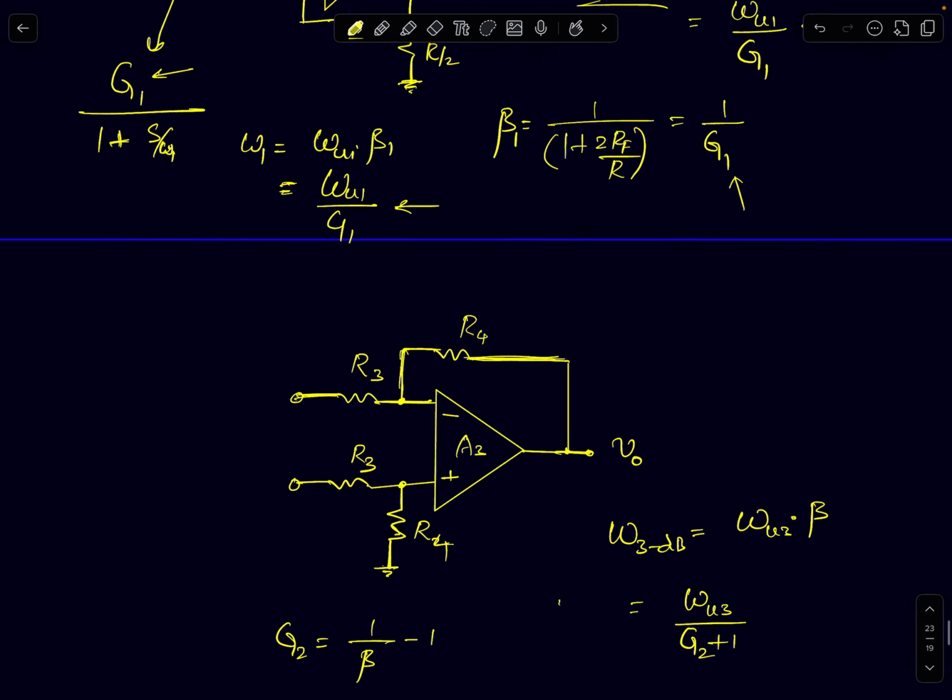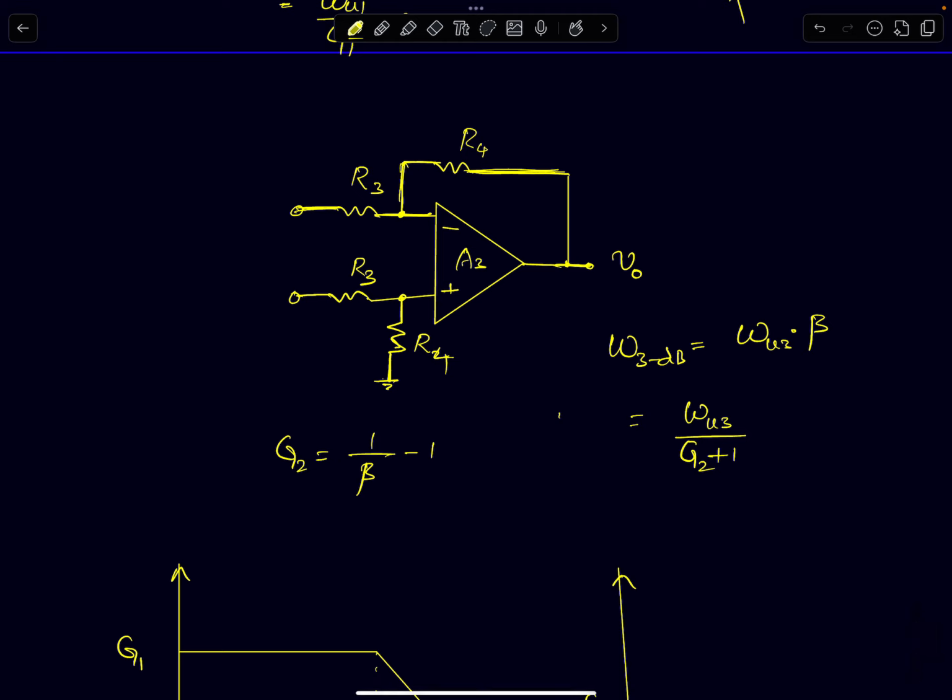For the second stage, it's a subtractor. We have analyzed this circuit in the previous lectures as well; you can go through lecture 18, I'm not sure whether it's 18A, B or C. In that lecture, we derived the 3 dB bandwidth of a subtractor. We showed that it is given by omega u3, the UGB of this op amp, times the feedback factor of the subtractor.